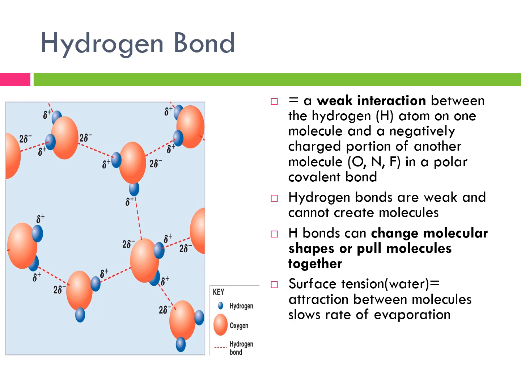And we'll see this later when we're talking about DNA and RNA and proteins. We'll see how hydrogen bonds change the shape of proteins. So for right now, we're just going to introduce this, that hydrogen bonds are weak bonds that can change molecular shape, but they cannot create molecules.